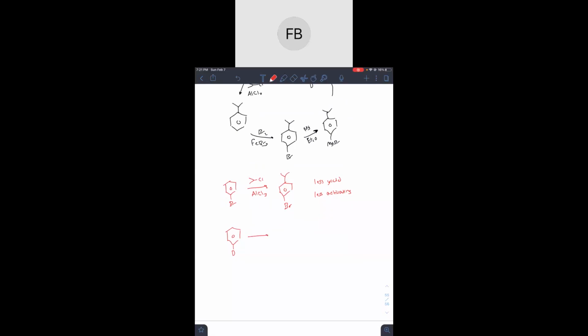We can't then do our alkylation because it would go all over. We would get alkyls here, here, here, here, or here. They could equally go anywhere. All right. Does that make sense?